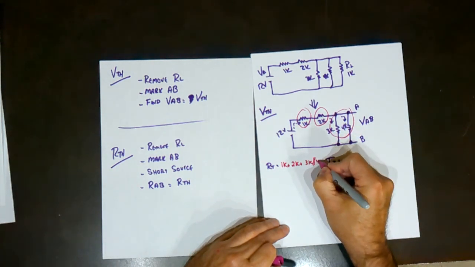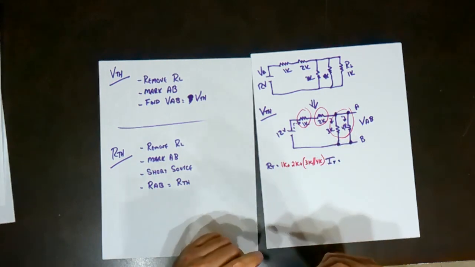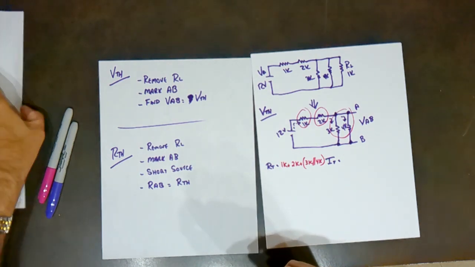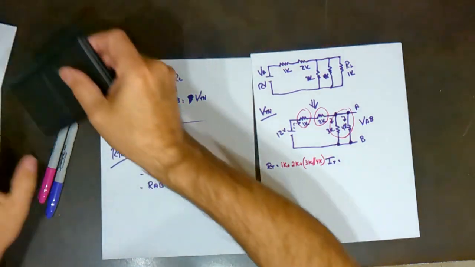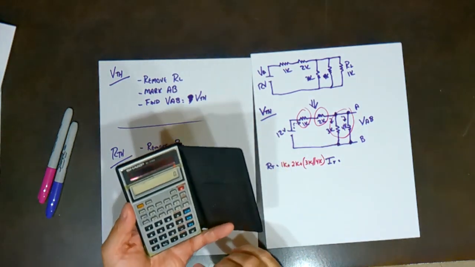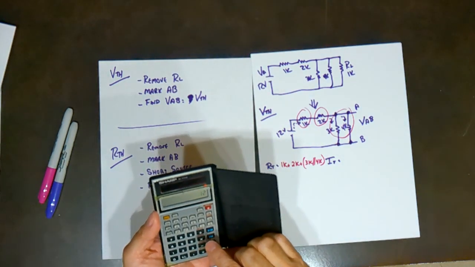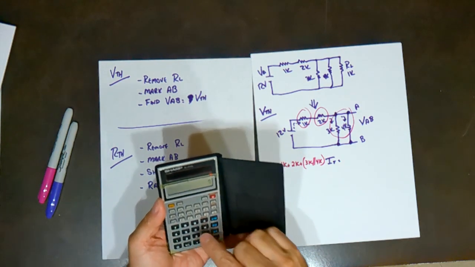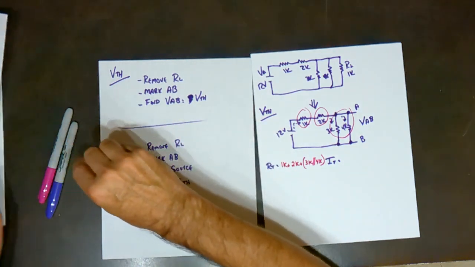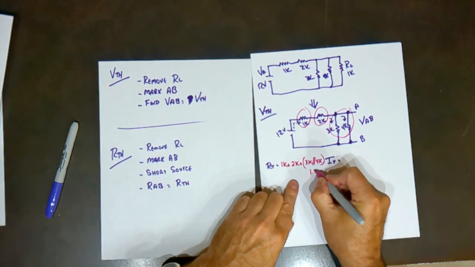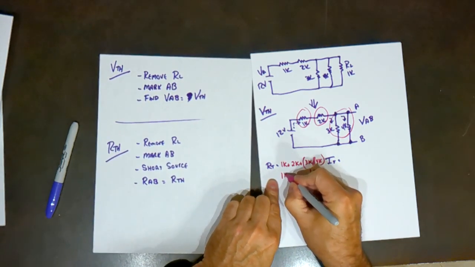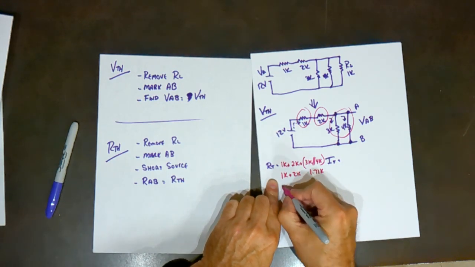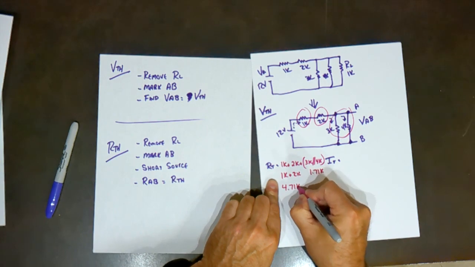So 3K in parallel with 4K goes 3K times 4K divided by 3K plus 4K, and that comes to 1.71K. 1.71K, 1K plus 2K, so that becomes 4.71 kilo ohms.